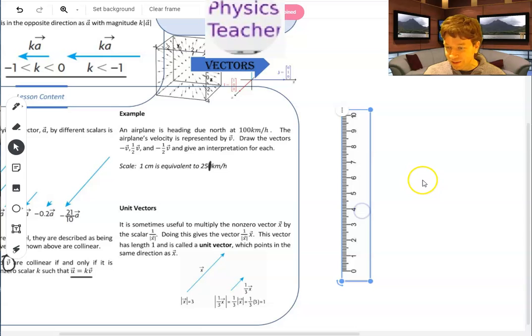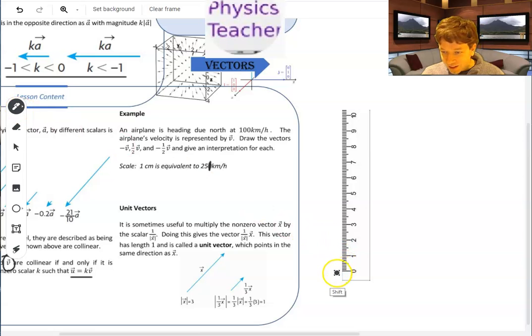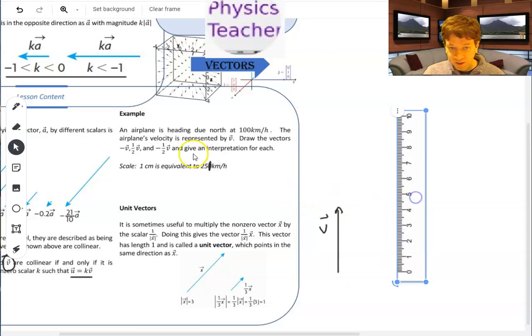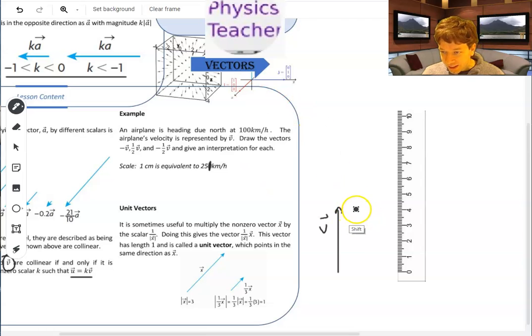So let's just do our examples over here. If we make it due north, 4 centimeters long, v will look like that. So there's vector v. Okay, what about negative v? Well, we can draw negative v just by doing v, but in the opposite direction, like this.